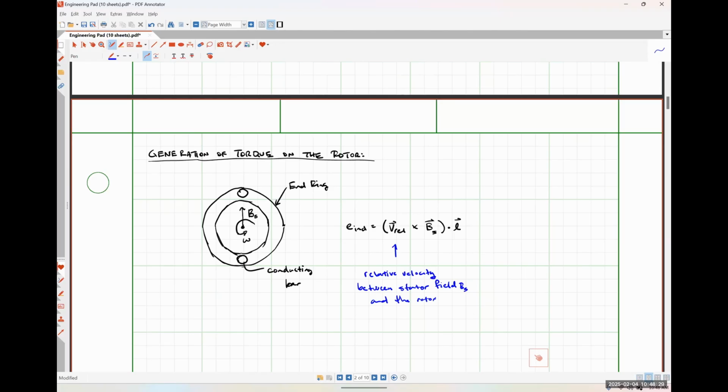Just as a conceptual question that is going to be pretty important here in a couple of minutes, what would my relative velocity be if the rotor was spinning at the exact same speed as the stator field? It would be zero. If the relative velocity between the rotor's mechanical movement and the stator's field moving around is zero, what is my induced voltage?